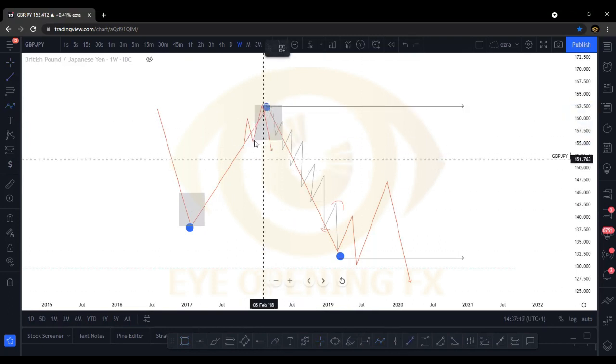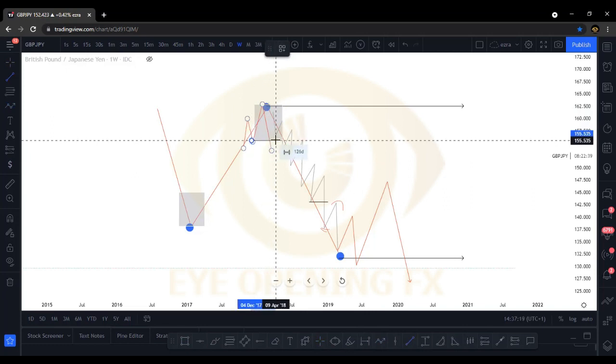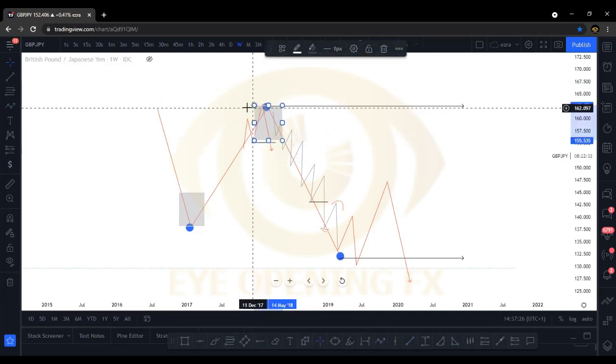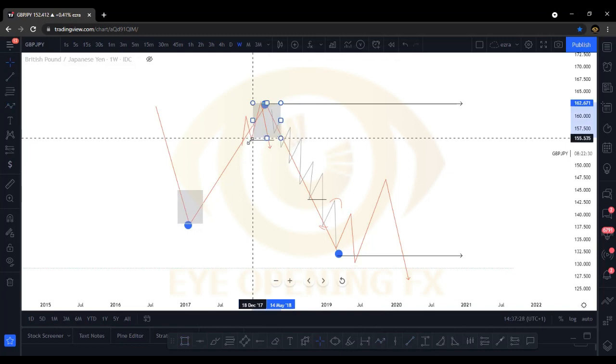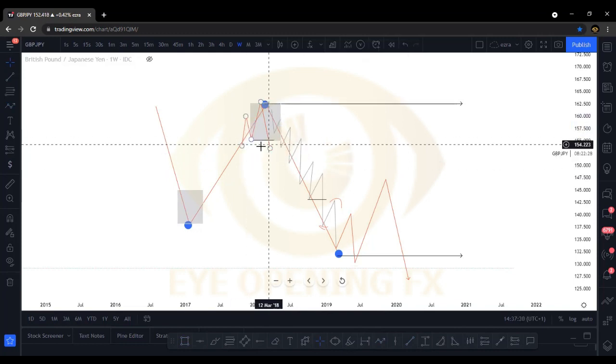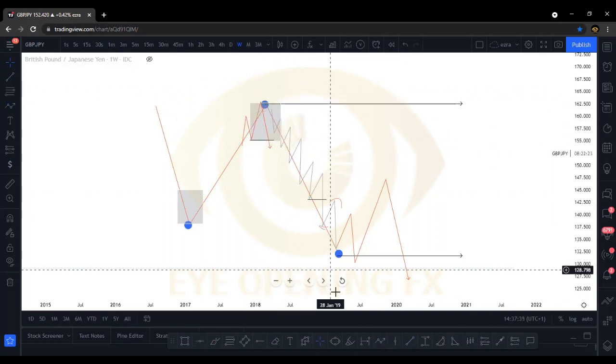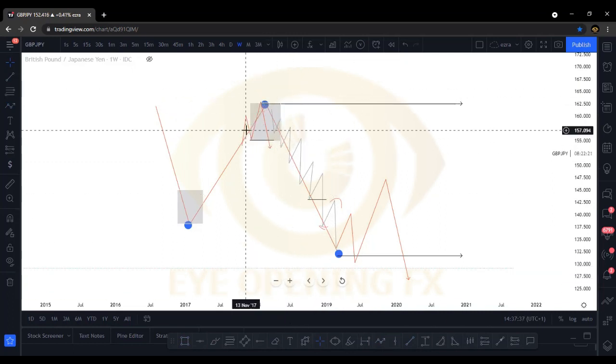So this is where we have a minor break of structure in terms of range structure or internal structure. So if this area is where market gives us a minor structure, from this range high to this range low, this area, the range high to this range low, is what we'll consider as primary zone.